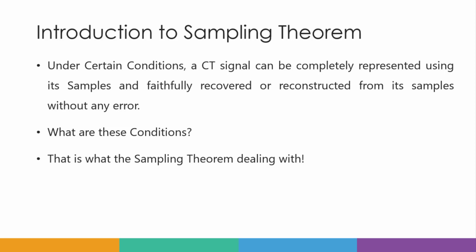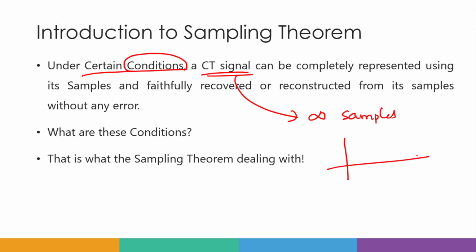So sampling theorem states that under certain conditions, so this word is very important, under certain conditions, a continuous time signal, right? A continuous time signal contains infinite number of samples, because it is continuous. It is continuously moving like this, right? So it contains infinite number of samples.